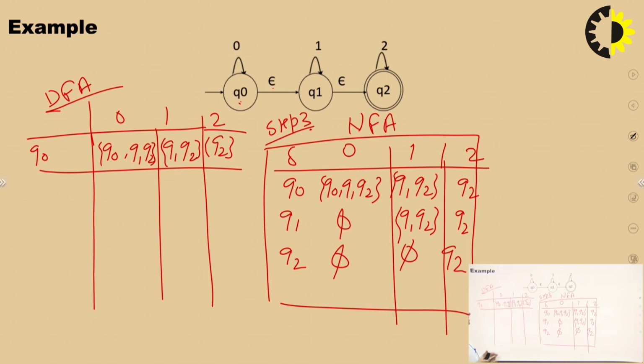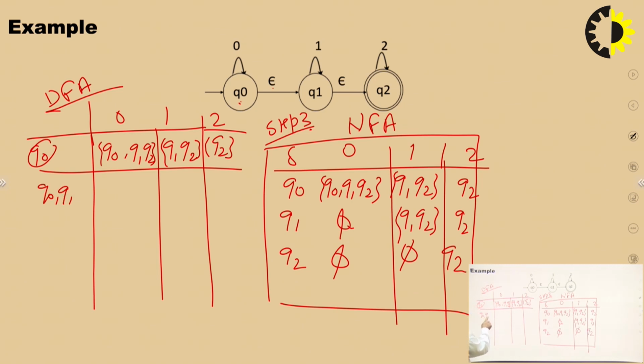That is the method. Any NFA can be converted into a DFA. Q0, Q1, Q2 is a new state, Q1, Q2 is another new state, and Q2 is another new state. There are 3 new states, and one by one we consider them as the next state.